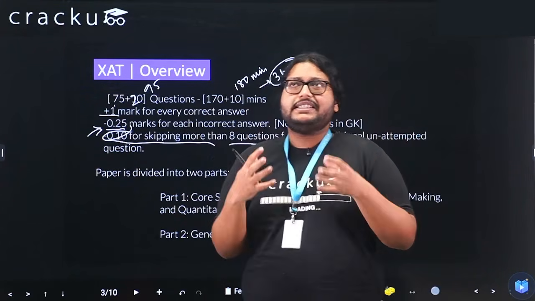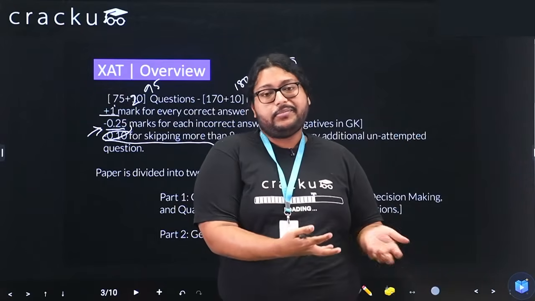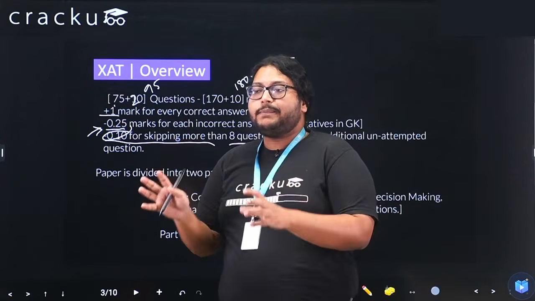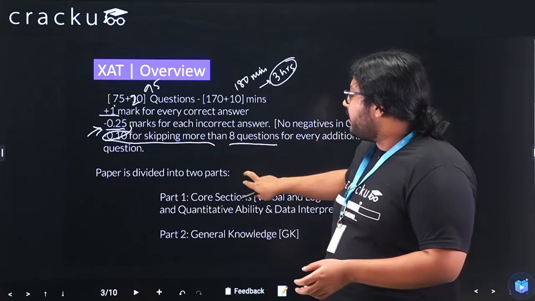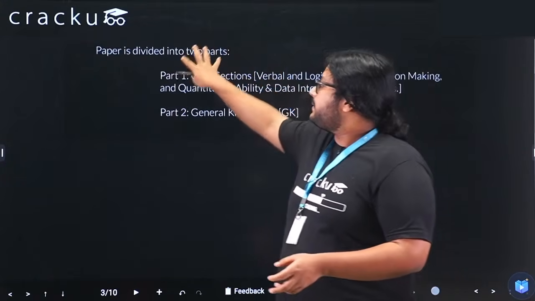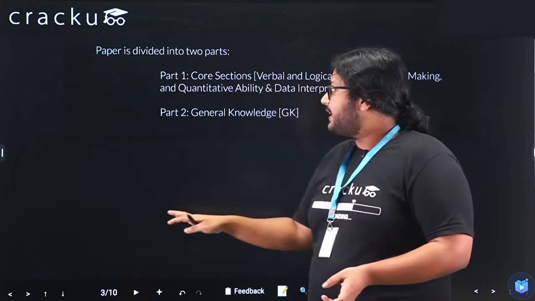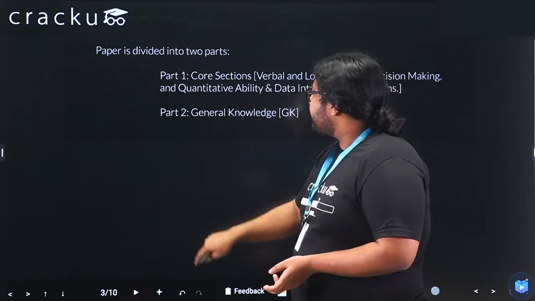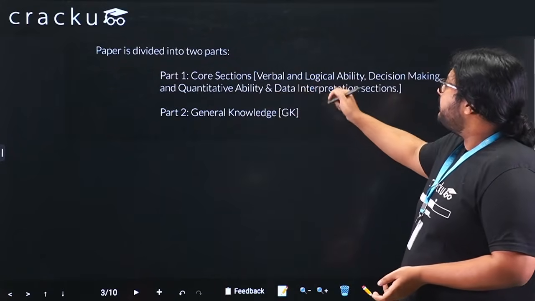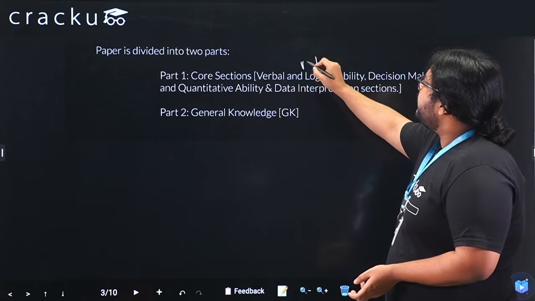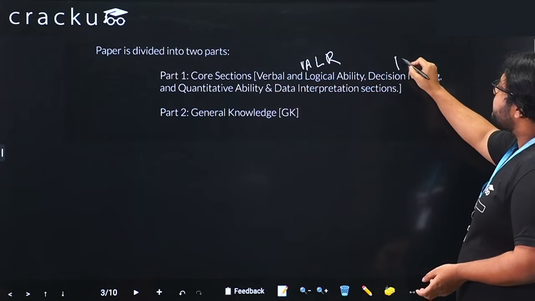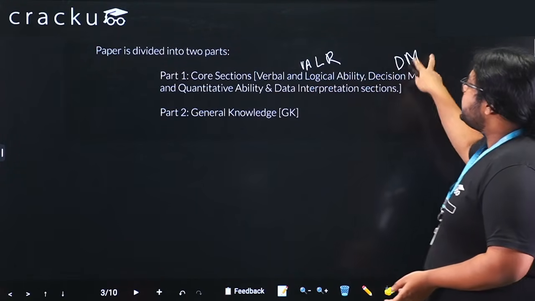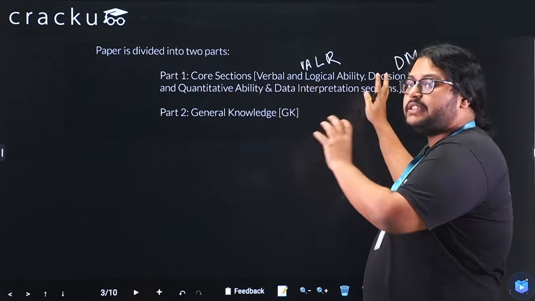We need to have a balance between how many we should attempt and how many we can skip safely. Now, if we talk about the paper, it is divided into two parts, as we said. The first part is the core sections, which has verbal and logical ability, which we call VALR. Next, we have the decision making section, which is DM. This section is completely XAT specific.